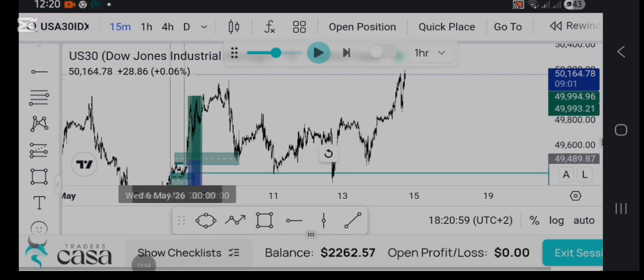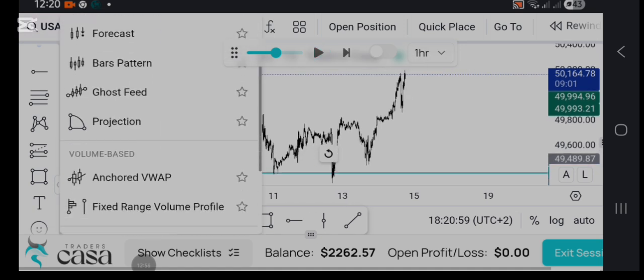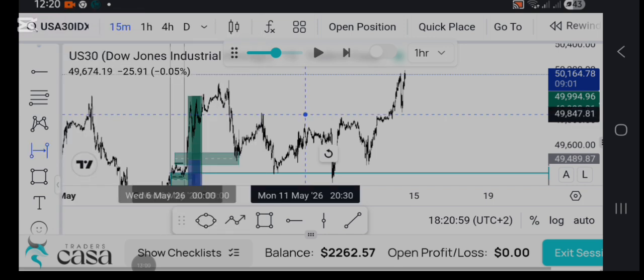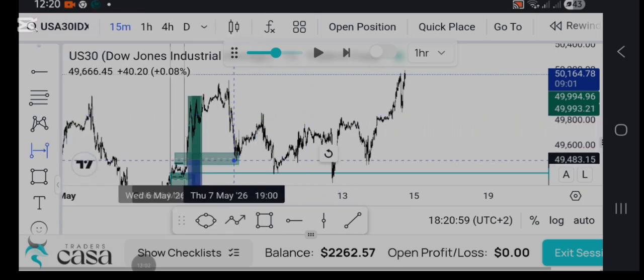So let me see how long we held this position. We're just going to start from here because this is where we actually got entered. We had this position planned Wednesday, and Thursday we actually entered.